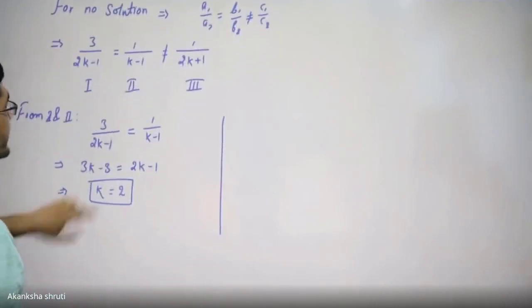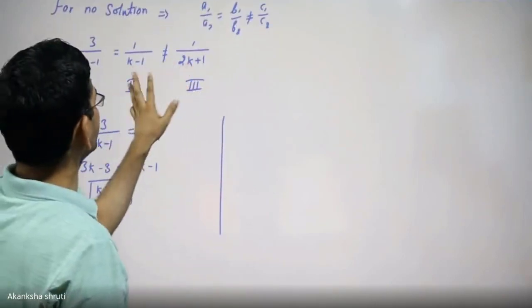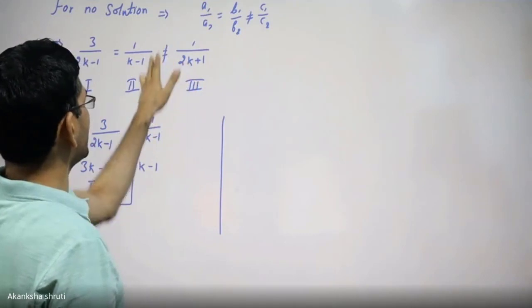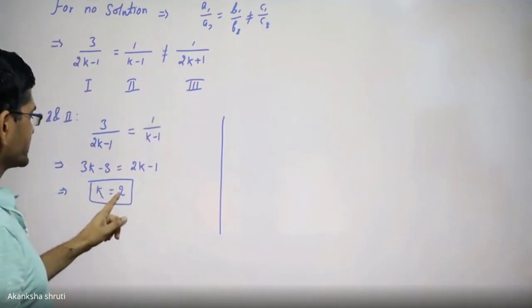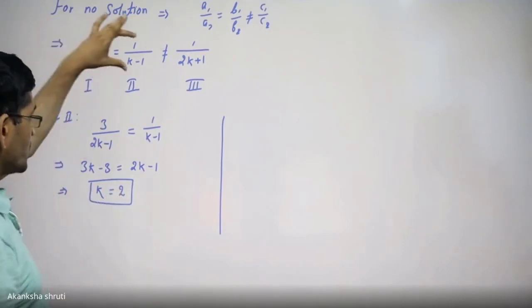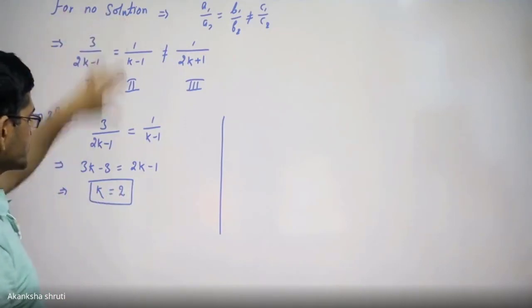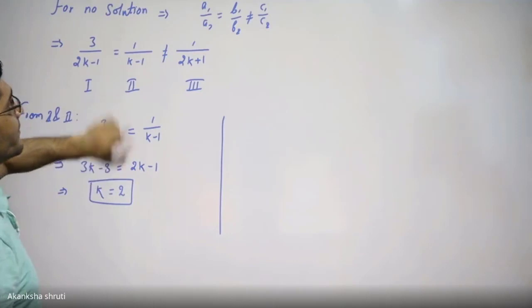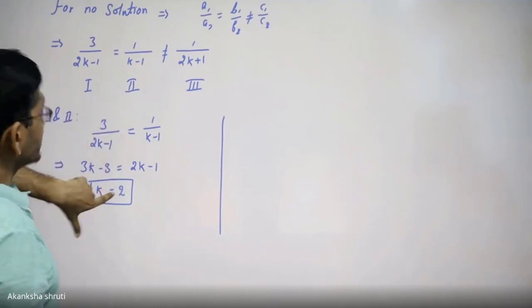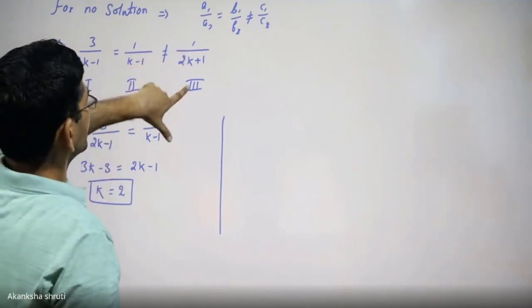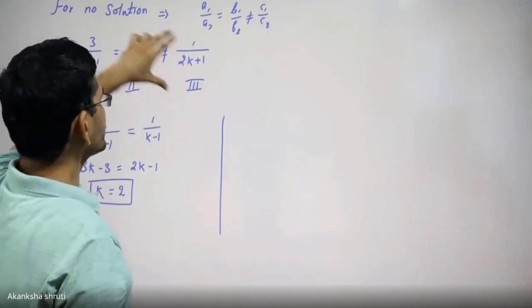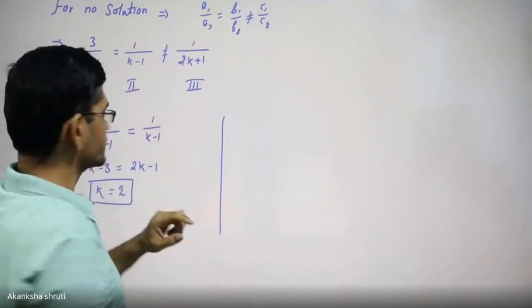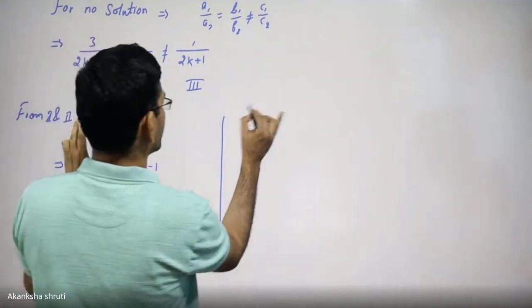But we need to check the second and third ratio, meaning the second not-equality also. Though for k equal to 2 only these two ratios, first and second, are satisfied, the second condition is that the second and third ratio should not be equal. That we also have to verify.